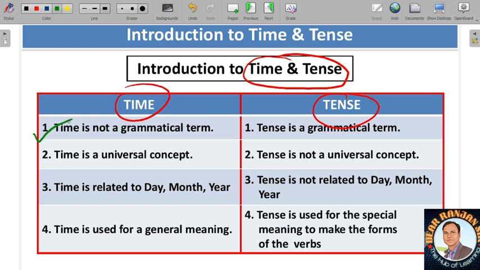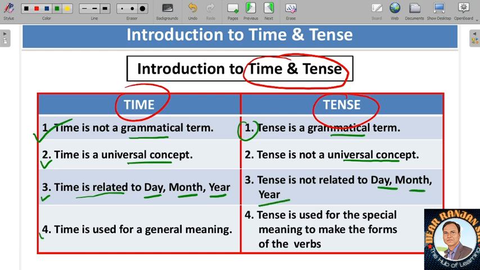The first one: time is not a grammatical term, but tense is a grammatical term. Second, time is a universal concept, but tense is not a universal concept. Third, time is related to day, month, year, but tense is not related to day, month and year.